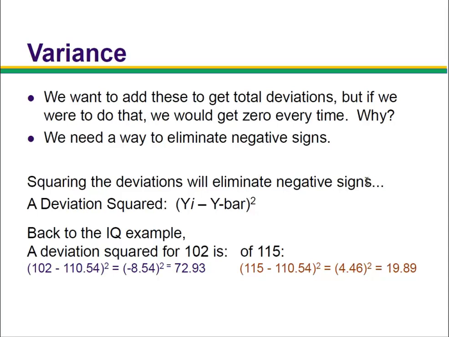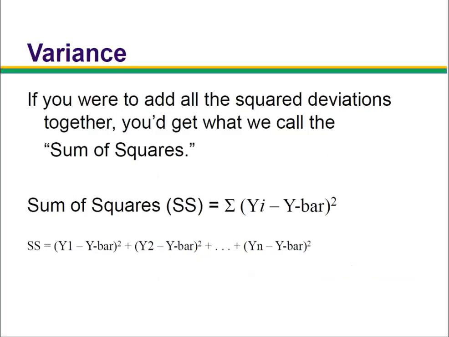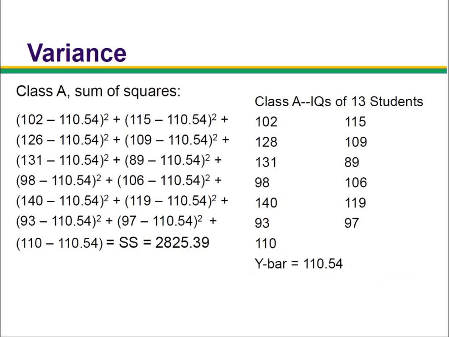So we add up all the squared deviations to get the sum of squared deviations, which in the case of the IQ example, we get 2825.39. Finally, to get the variance, we divide the sum of squares by n minus 1, because here we're using a sample.